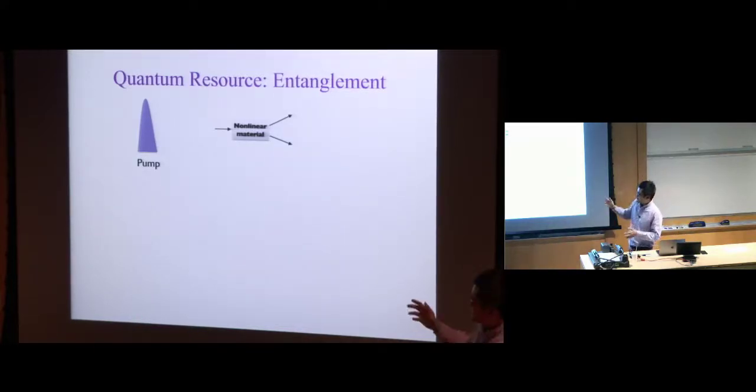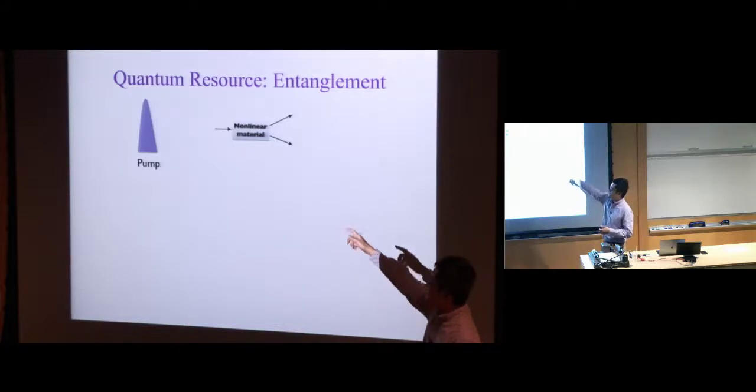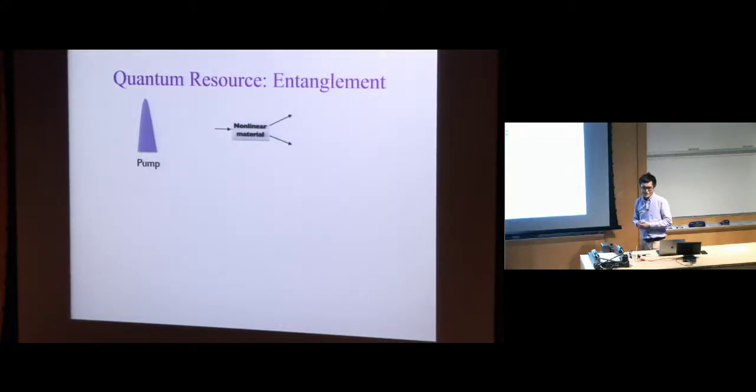But as you see in this very simple cartoon, it is really not that magic. In our lab, the entanglement generation process is very simple. You just have a nonlinear material or a nonlinear crystal. You pump the nonlinear crystal with a high energy and high flux pump beam.